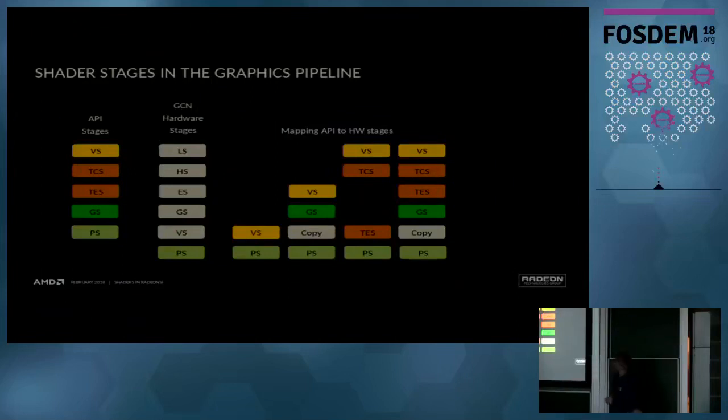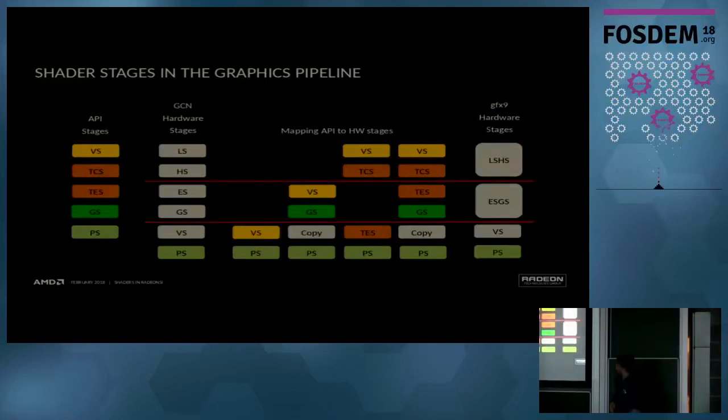And in the most complex case where both tessellation and geometry shaders are used, you get the column on the right. And now what happened is that the hardware designer said, well, in the tessellation case, between the vertex shader and the tessellation control shader, there isn't actually that much fixed function stuff going on there, so let's just combine these into a single hardware stage.